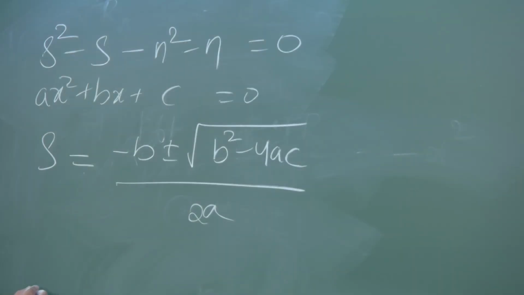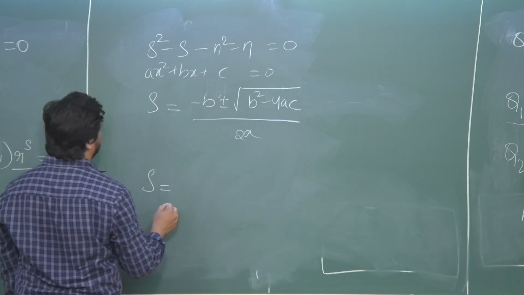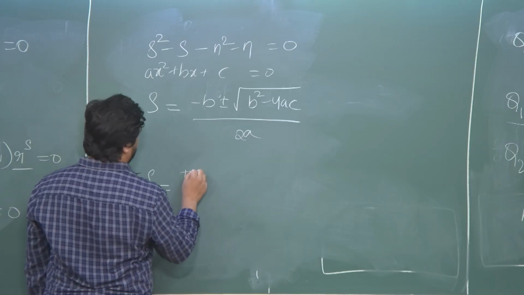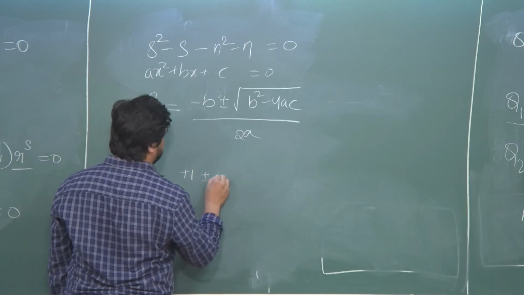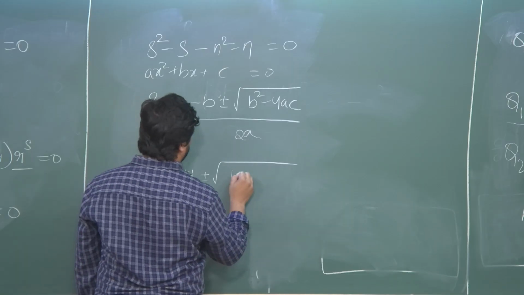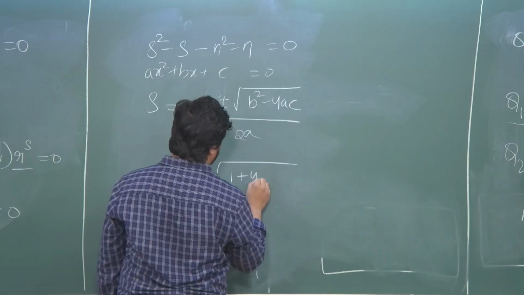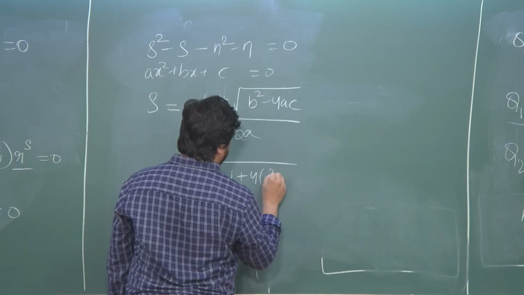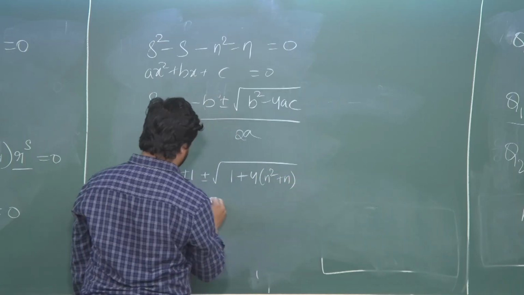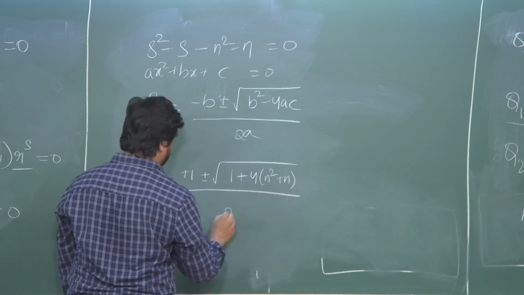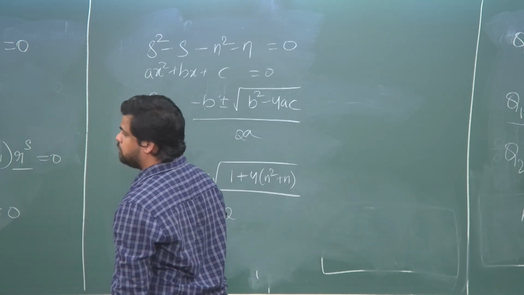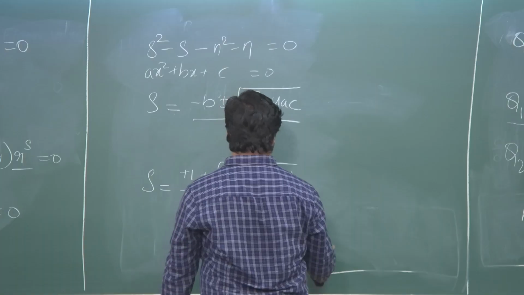So if you substitute that, you will end up with 1 plus or minus the square root of 1 plus 4 into n square plus n, by 2. This is what you will get.